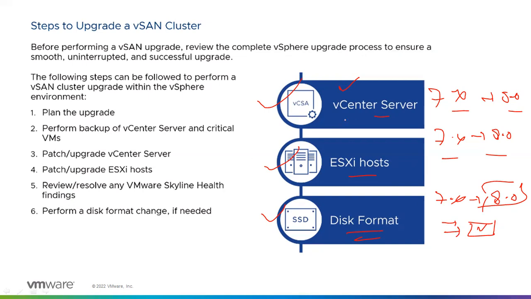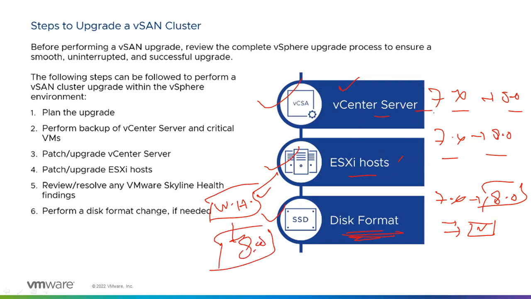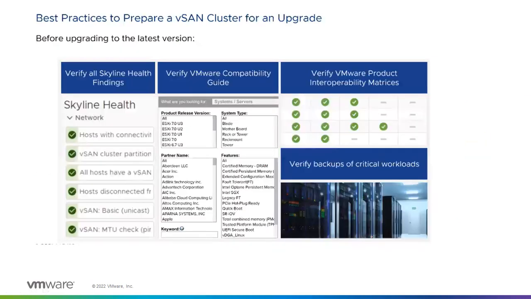But in case we have a stretch cluster, there is one more component in the picture, that is your witness host, right? Yes, sir. Before you upgrade the hosts, you upgrade the witness host first. Your witness should be on the same version your ESXi hosts are using. I got this one in an interview question, sir.